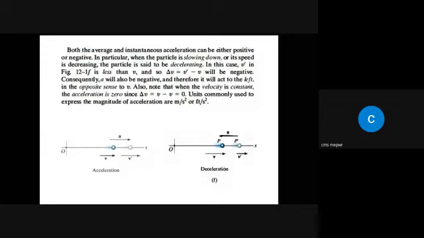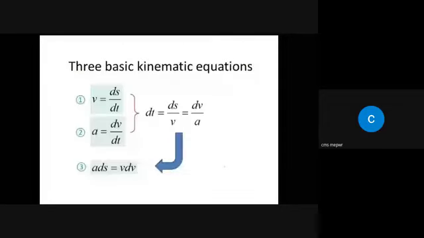Okay. From the previous equation we get a few equations, and based on those equations, we can get three basic kinematic equations.